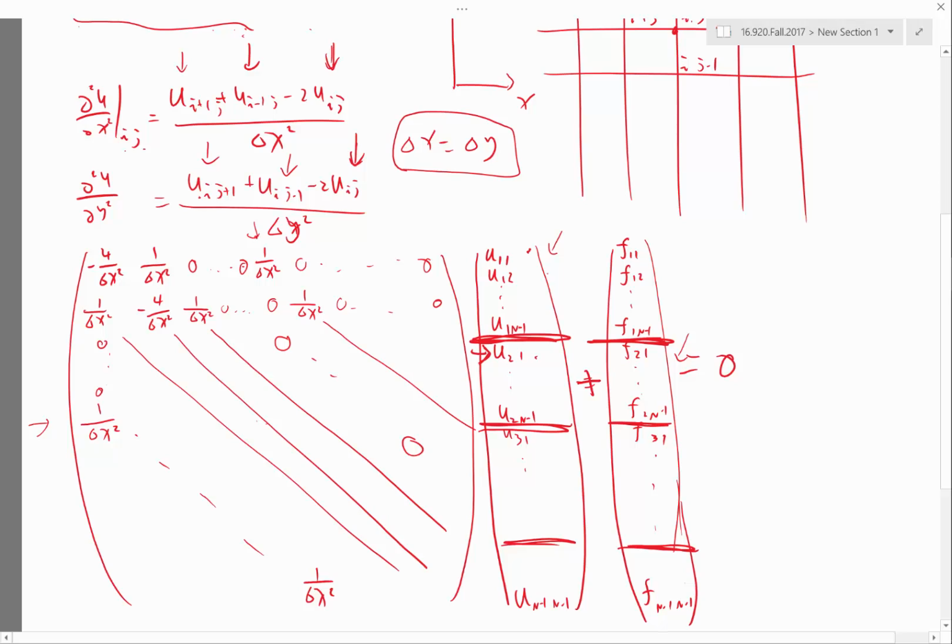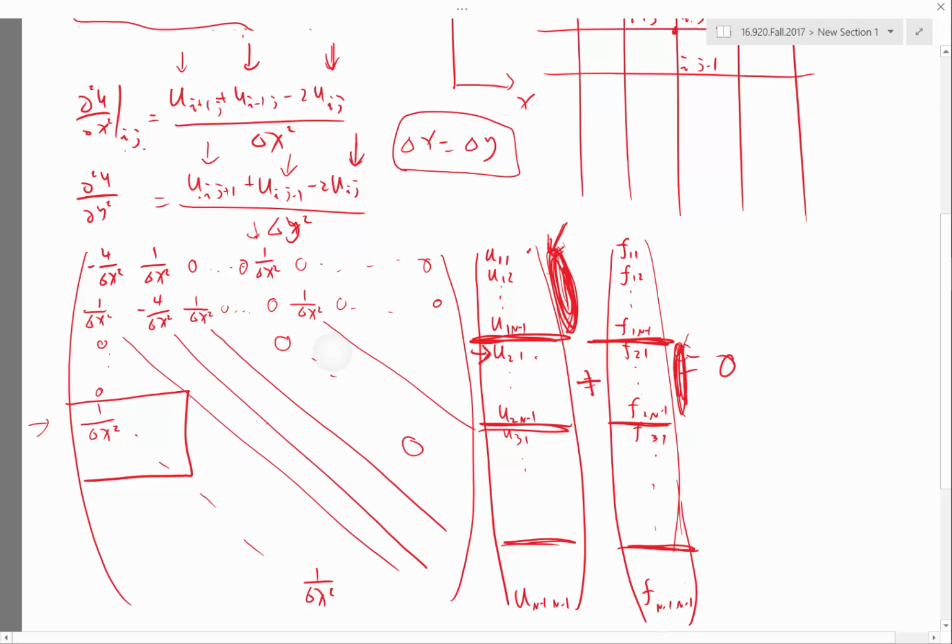For example, which block of the matrix is going to be multiplied with the first block in U and then added to a block in F? It's going to be this block, right? Yes, this block is going to be multiplied with the first block in U and then added to the second block in F, right?